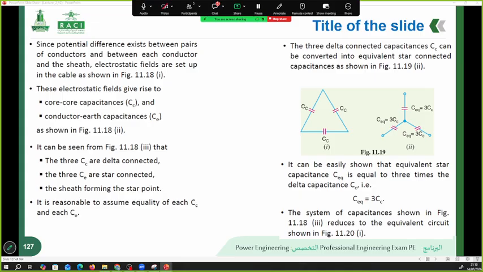It is assumed that the capacitances are equal due to the symmetrical arrangement.